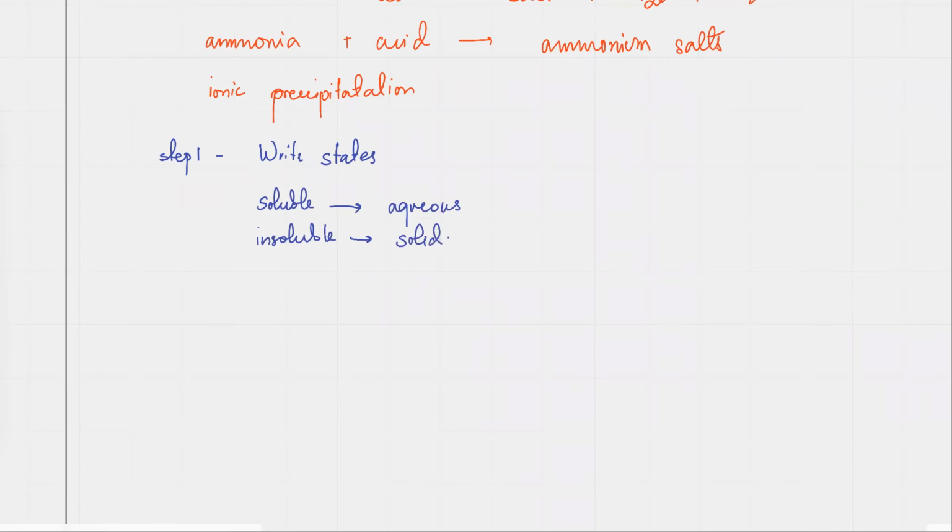Like marble is insoluble, doesn't dissolve in water, so it's going to be a solid. So step 1, you write states. Step 2, you rewrite the equation in dissociated form. I'll explain that in a while. So rewrite the equation in dissociated form.